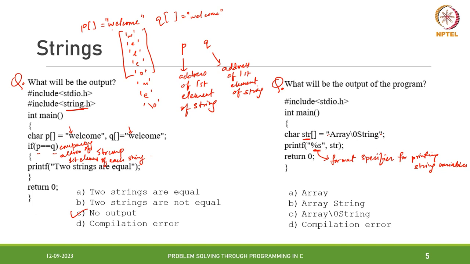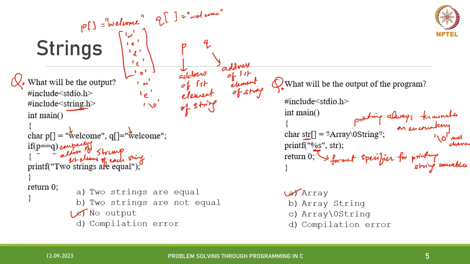Option A, array. Right, because the important thing to note is that printing always terminates on encountering the null character. Here you have put a null character in between, so only the part before that will be printed.